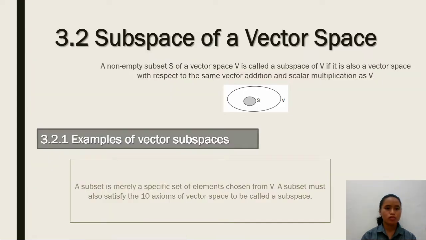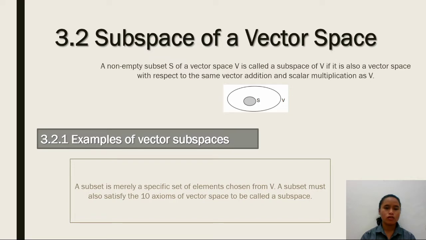And next, in 3.2, subspace of a vector space. This is a set S, a subspace.